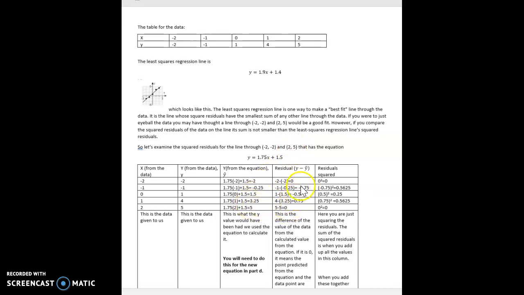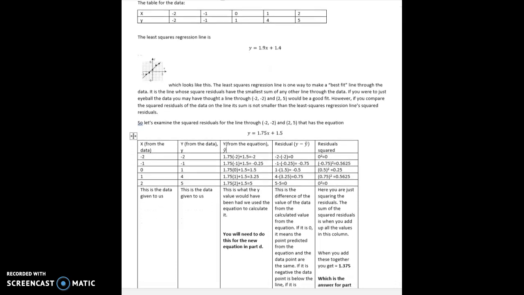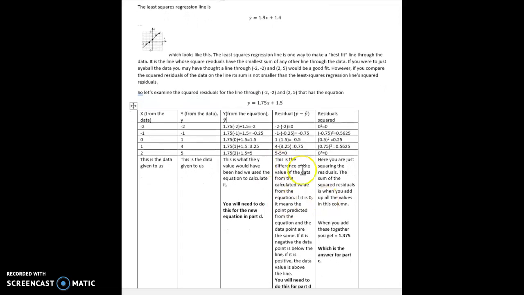If your residual is negative, it means your data value is actually below the line. And if it's positive, the data value is actually above that line. And I wrote that down here below this.